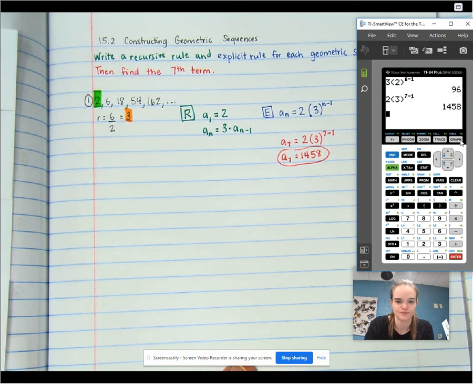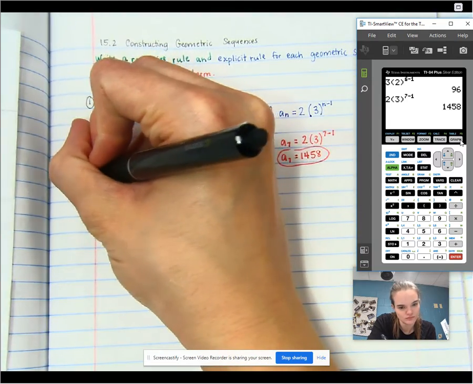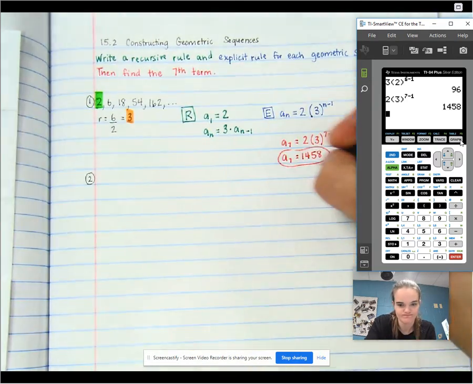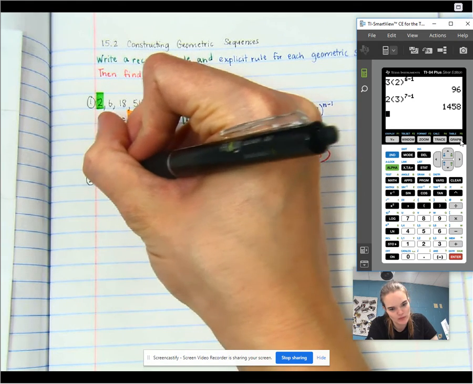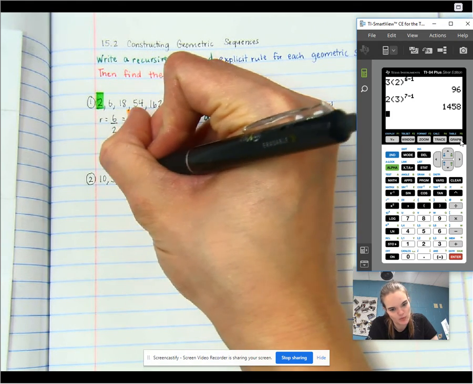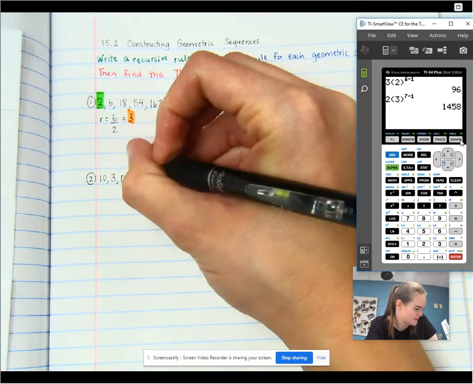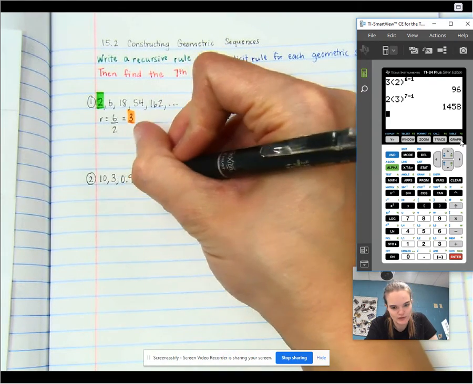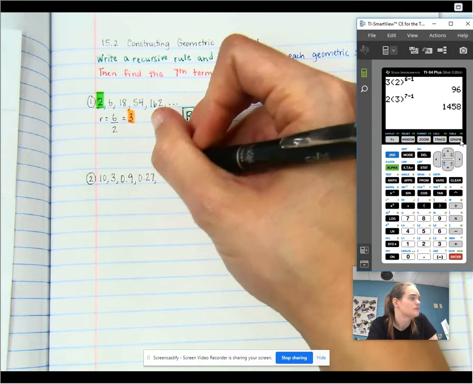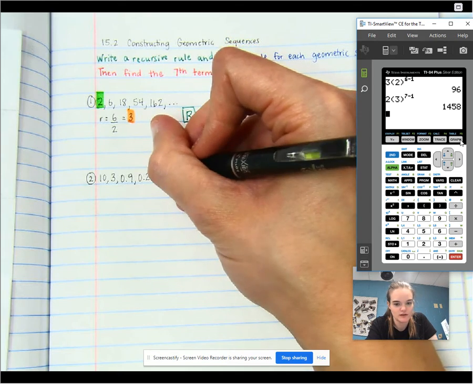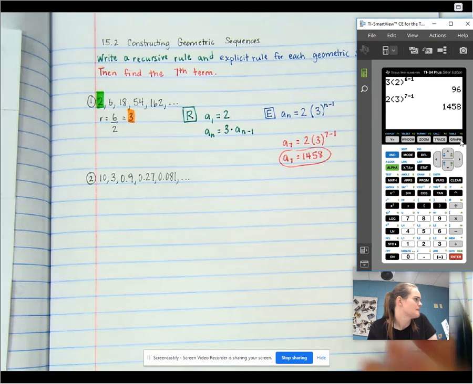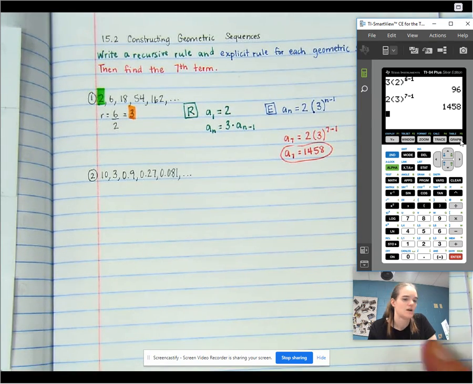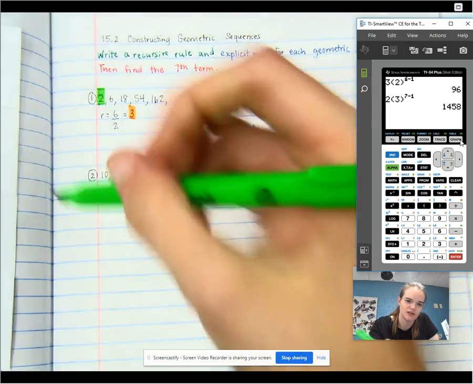Number 2 is 10, 3, 0.9, 0.27, 0.081. The first term is 10.